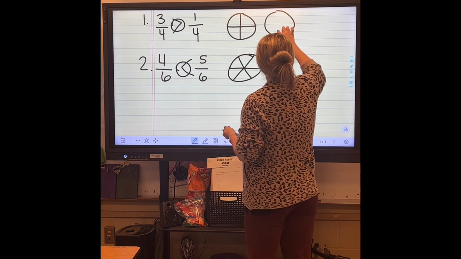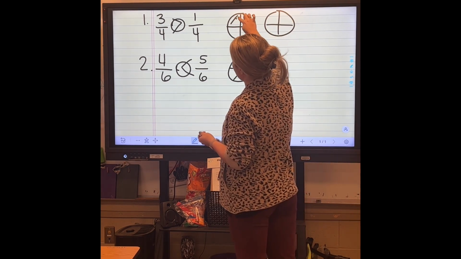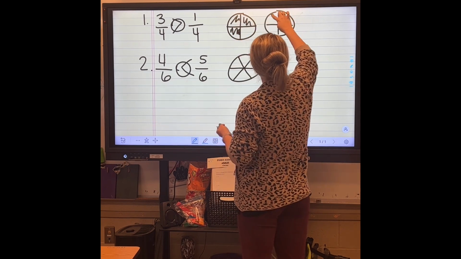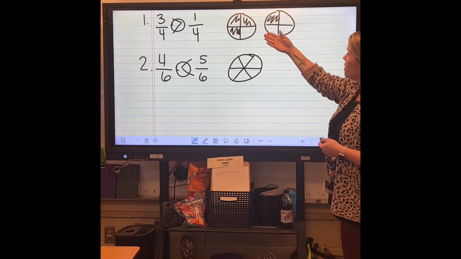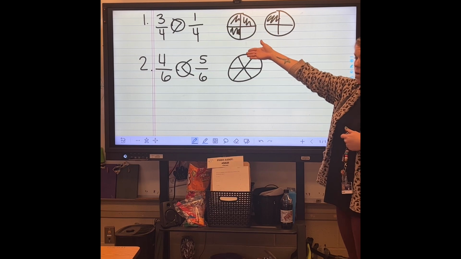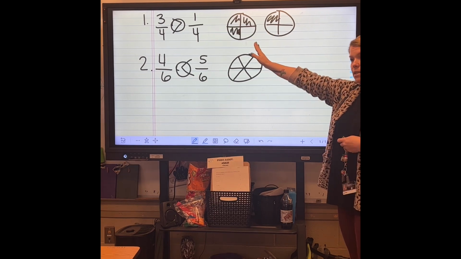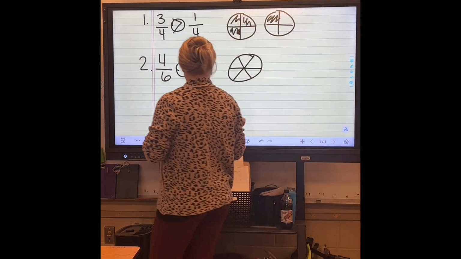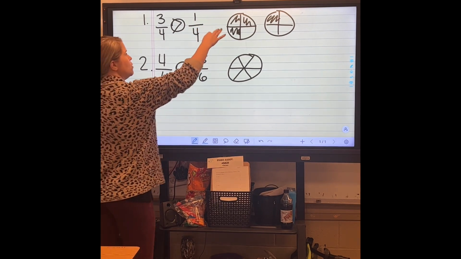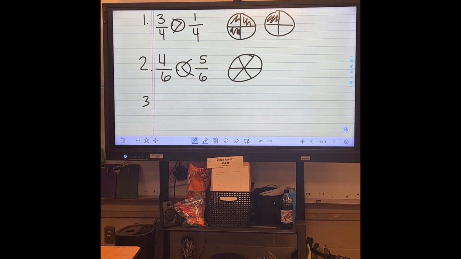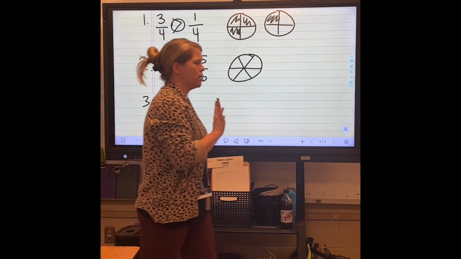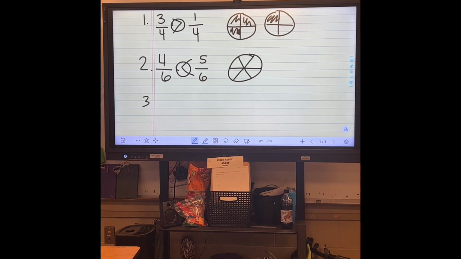If I have 3 of these and one of these, I know that's going to be bigger because there's more. Now, you cannot use these to compare unlike fractions, because can you draw them perfectly? No. Please don't draw them. If they give you a model, then great, but please don't draw them.